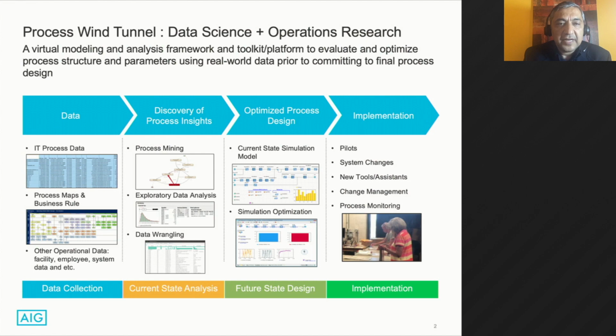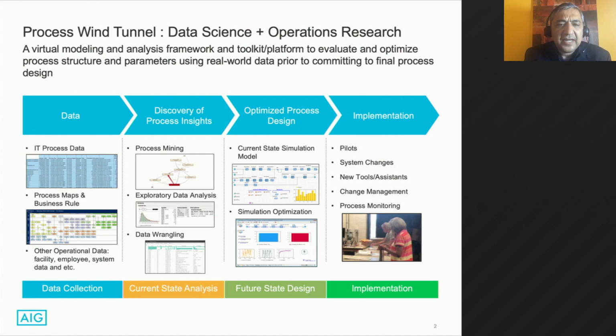There are some challenges, of course. Many times the data may come from different systems, and each system might use its own way of representing the data. So there is a data dictionary, if you want to call it that, for each of these systems. When you bring it all together to get an end-to-end view, you have to fuse the data together. Sometimes you have to clean it and then put all of the data together so you get an end-to-end view of the process.